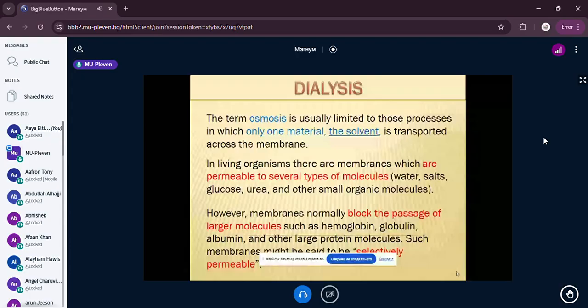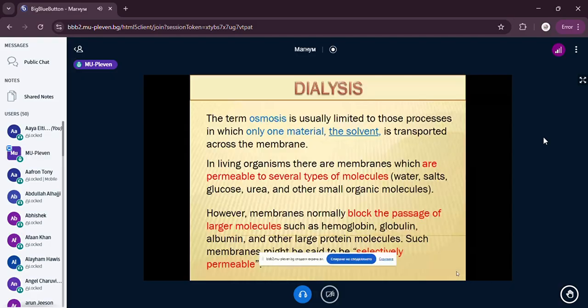Not one type as in case of osmosis, but more than one. For example, water, salt, glucose, urea, and other organic molecules all can cross, but big molecules such as proteins, particularly albumin, cannot cross. This determines another difference, the type of membrane involved.